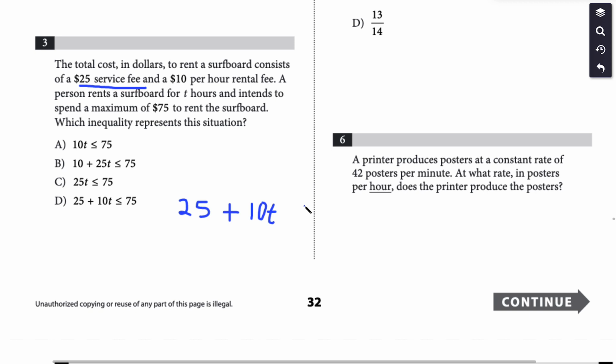So we can't go above $75, and so the equation has to be less than or equal to $75. So the inequality will look something like this, where you have the $25 flat fee plus the $10 an hour fee, and then we can't go past 75. So I'm looking at the answer options. It looks like D would be the correct option here.